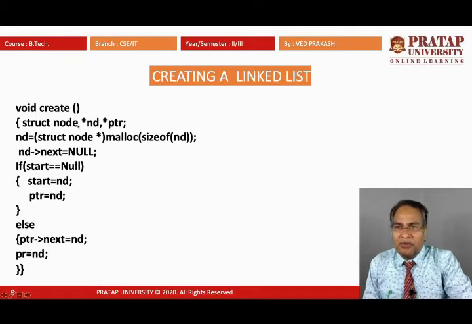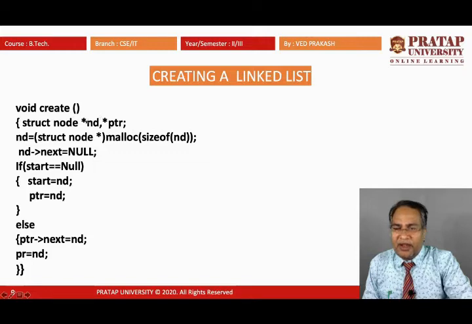So when we create a linked list, we create a procedure create, and in this procedure we define two pointer variables, ND and PTR. Here ND is the new node creation pointer, and PTR is a pointer used to process or access the elements of a linked list.